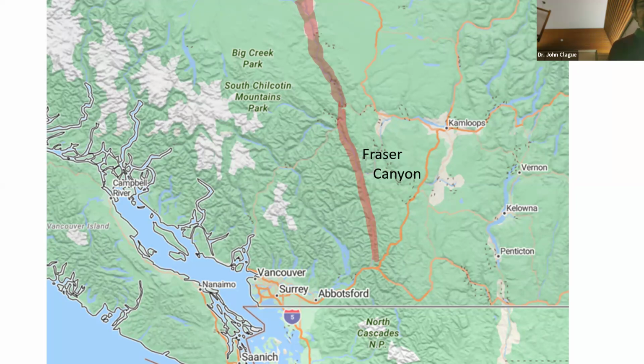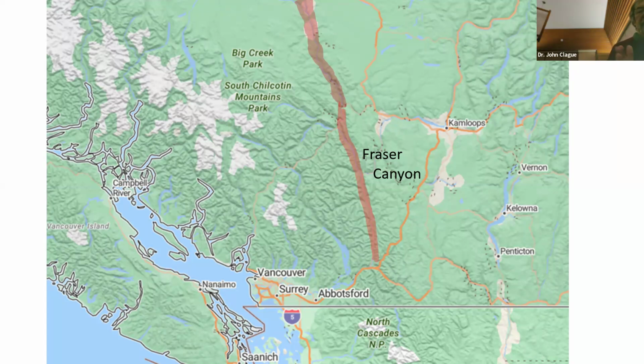There's an interesting story as to why the Fraser River flows in a canyon. A river of that size doesn't belong in a youthful valley like that. It's geologically a kind of problem, because rivers typically, as they mature, form broader valleys with lesser slopes on the sides.